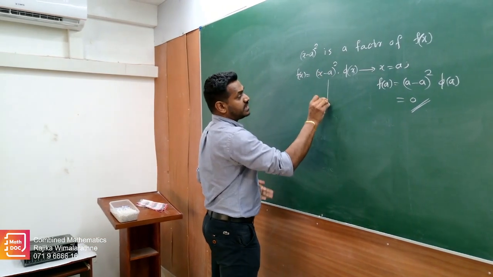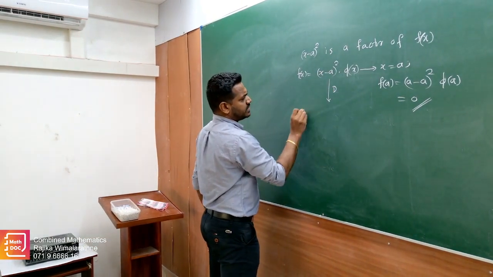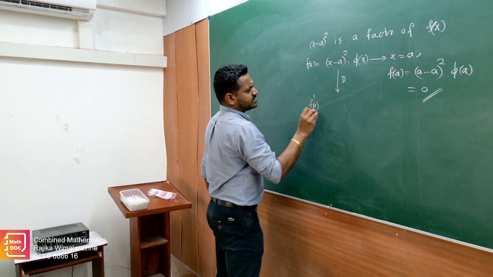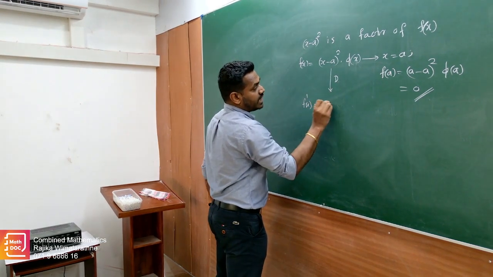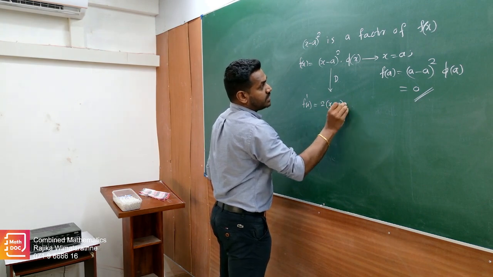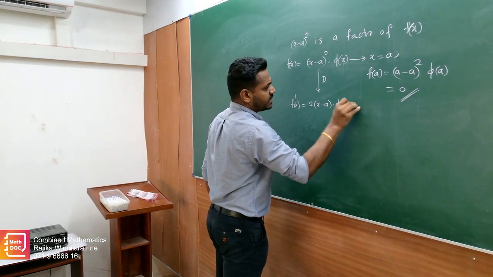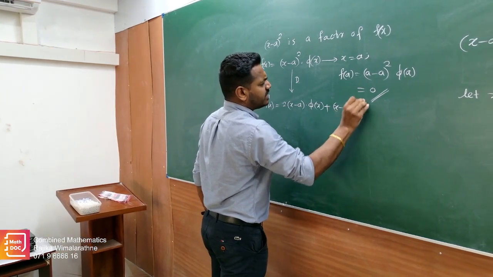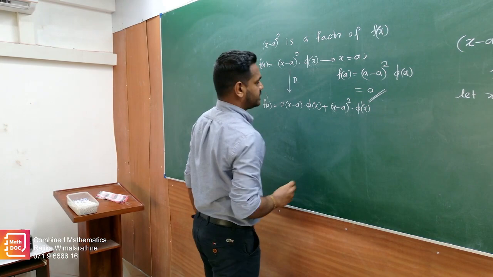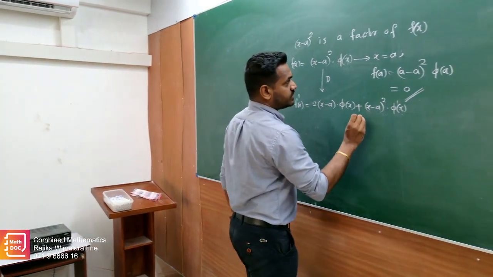When you differentiate this, f dash x, we call the derivative. Here the derivative is 2 times (x minus a) into phi(x) plus (x minus a) squared into phi dash(x). Now you substitute x equals a.